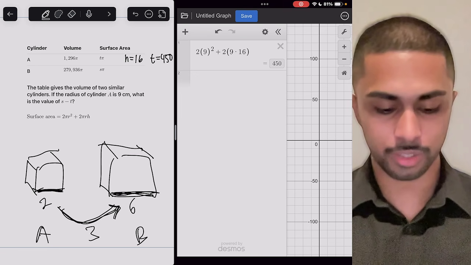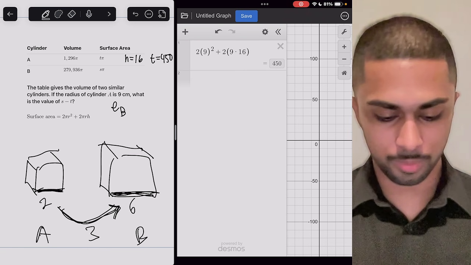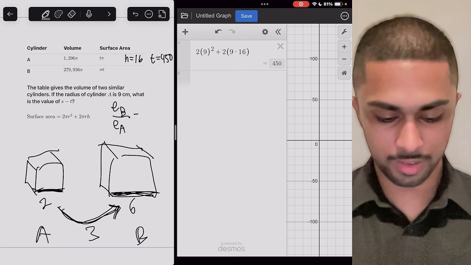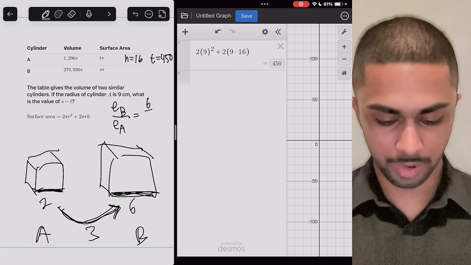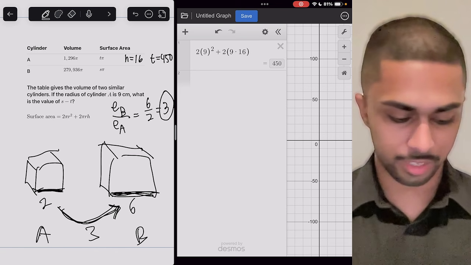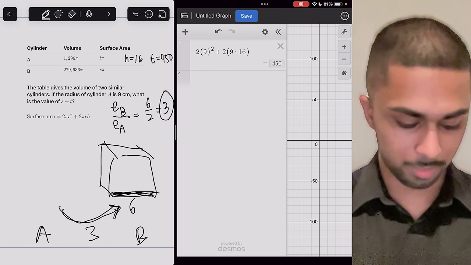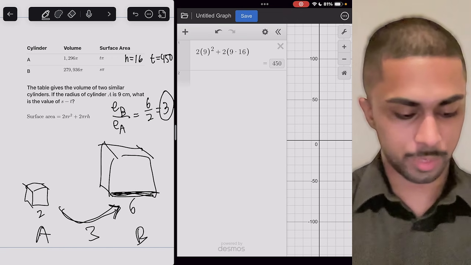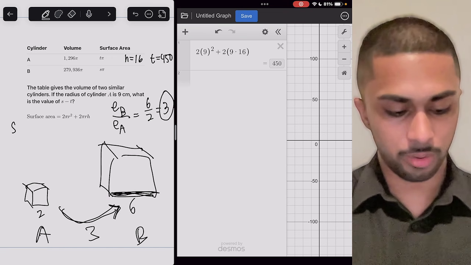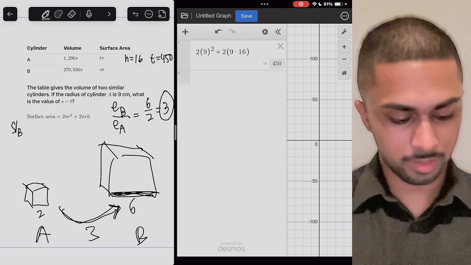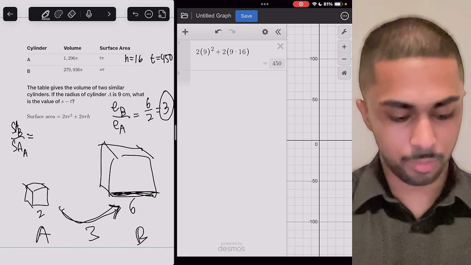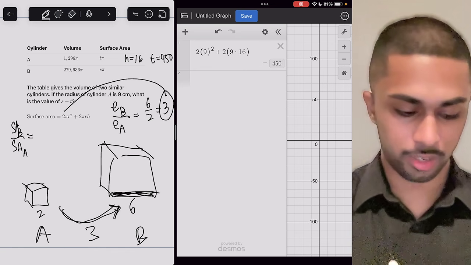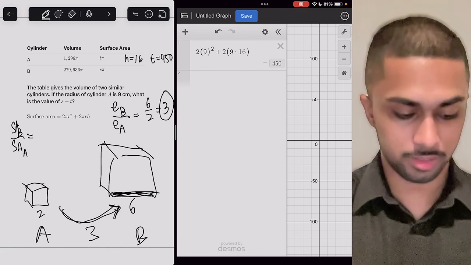And in this case, you just take the edge of B divided by the edge of A, and that is equal to 6 divided by 2, just 3. This is our scale factor. The reason why it's important is because the ratio between the surface areas of B divided by A is actually equal to the scale factor squared, always.